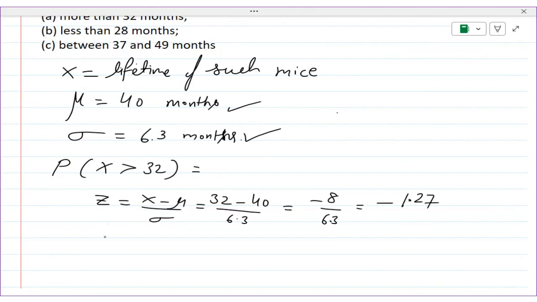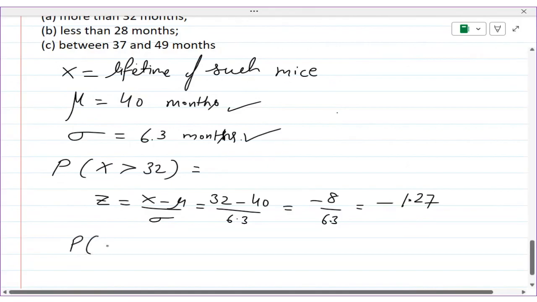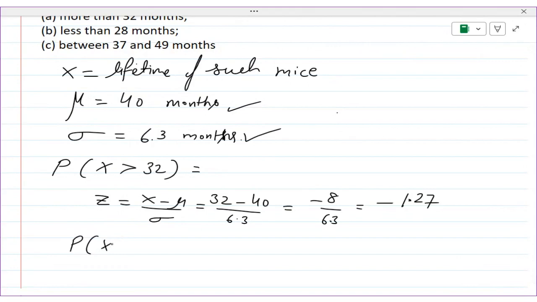So we have to find the probability that z is bigger than minus 1.27.